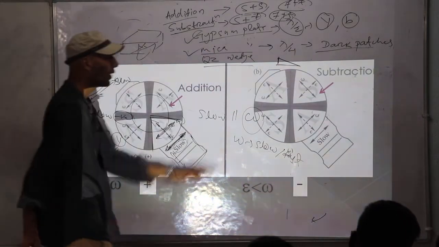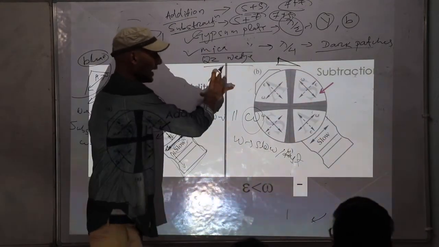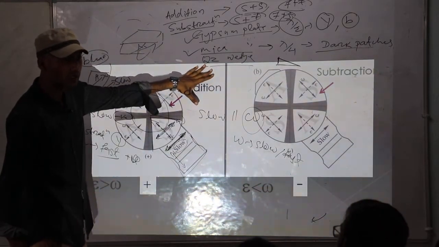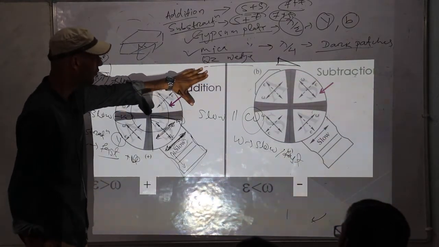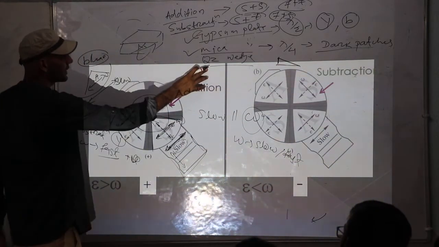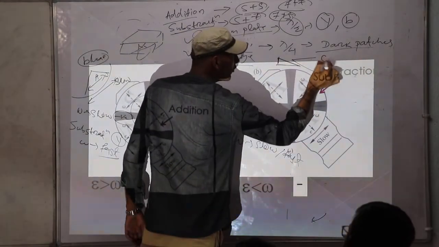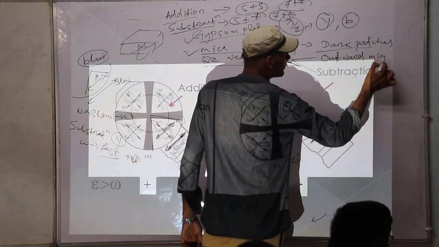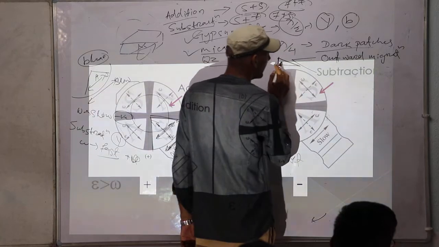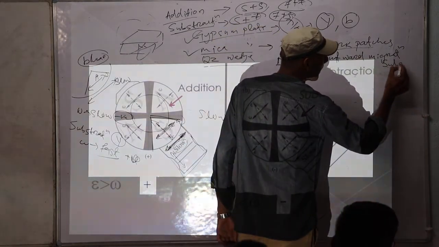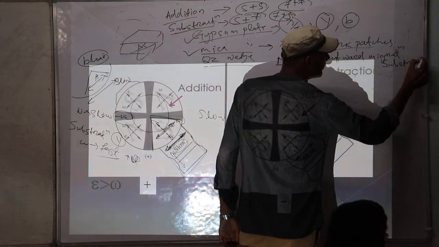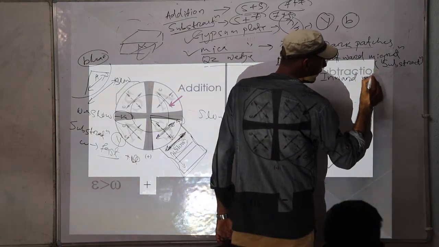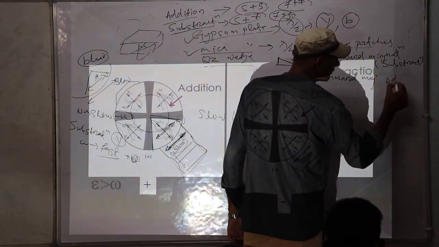Talking about quartz wedge, there is movement of isogyres inward. Inward or outward? Inward is addition. Outward is subtraction. When there is subtraction, the quartz wedge shows outward migration. This is for subtraction, right? Then for inward migration, that is addition.